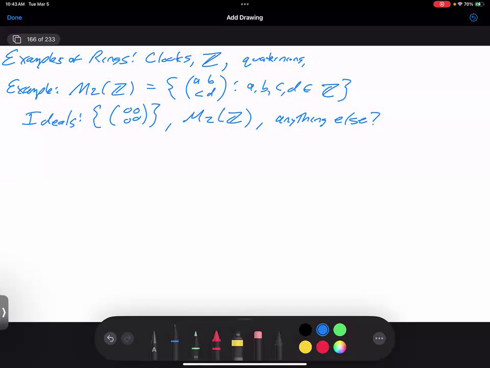Let's take 2 times the identity matrix, 1, 0, 0, 1. So the matrix 2, 0, 0, 2.